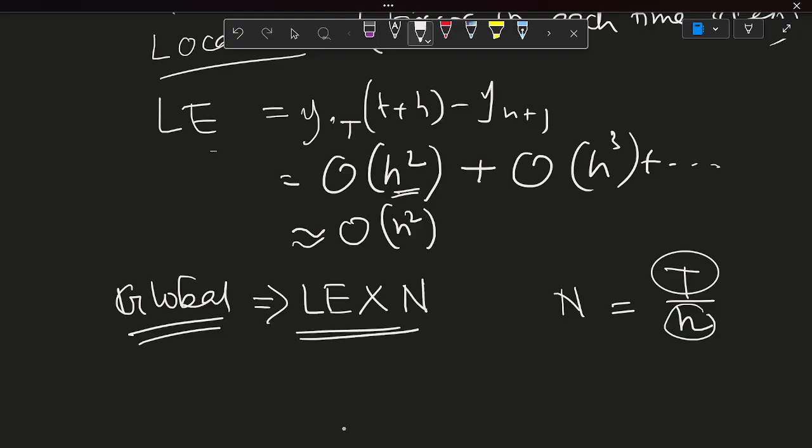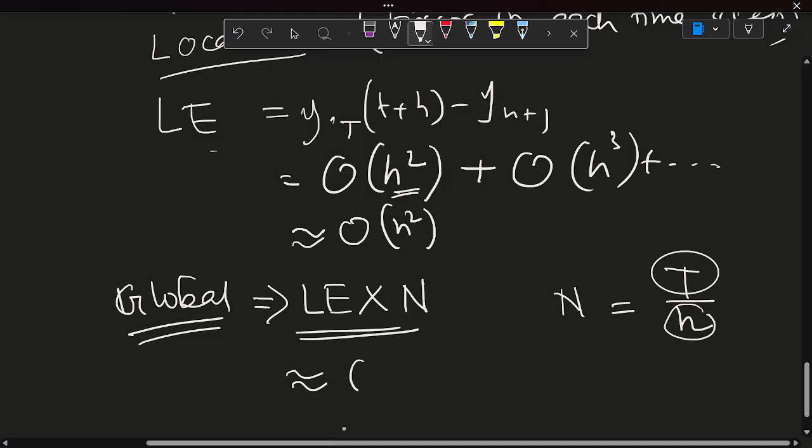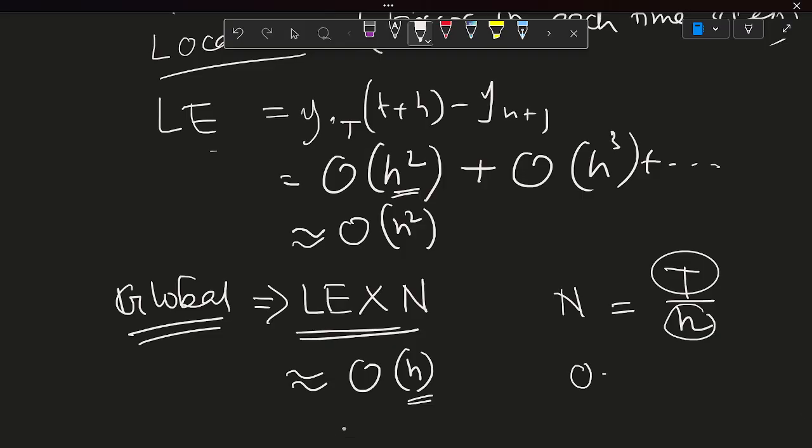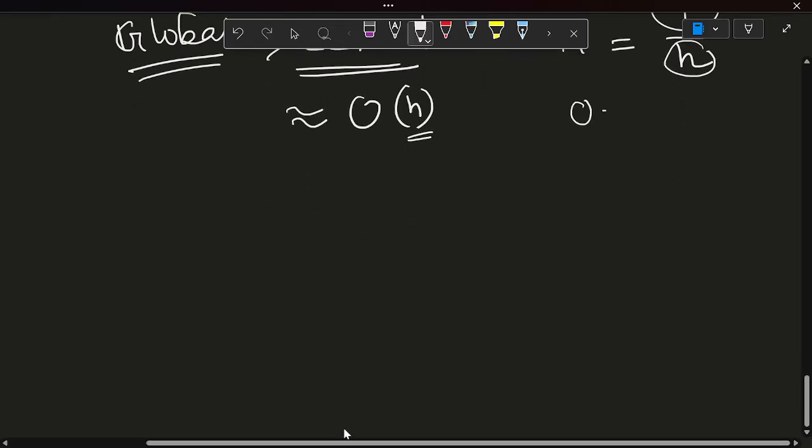If I do it, we find that the global error is order of h. This is for the Euler method. Similarly, we can do the calculation in the same way for RK2.